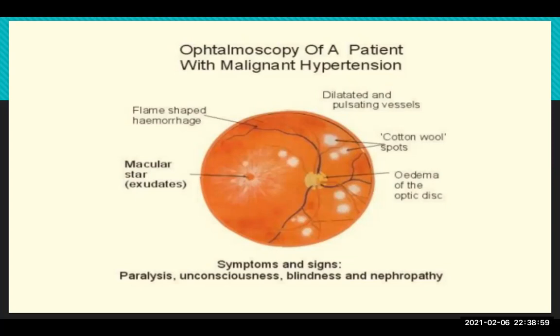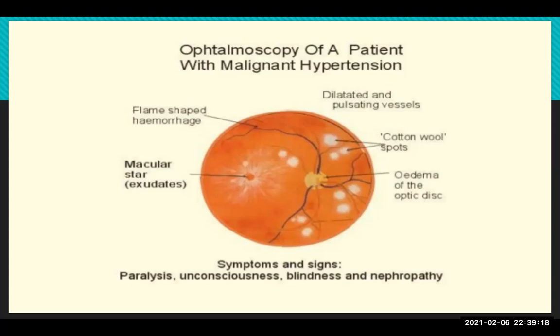So you will find the macular star, the cotton wool spots, the disc edema, and you will find the microaneurysms and dot and flame-shaped hemorrhages all over the retina, according to the severity.